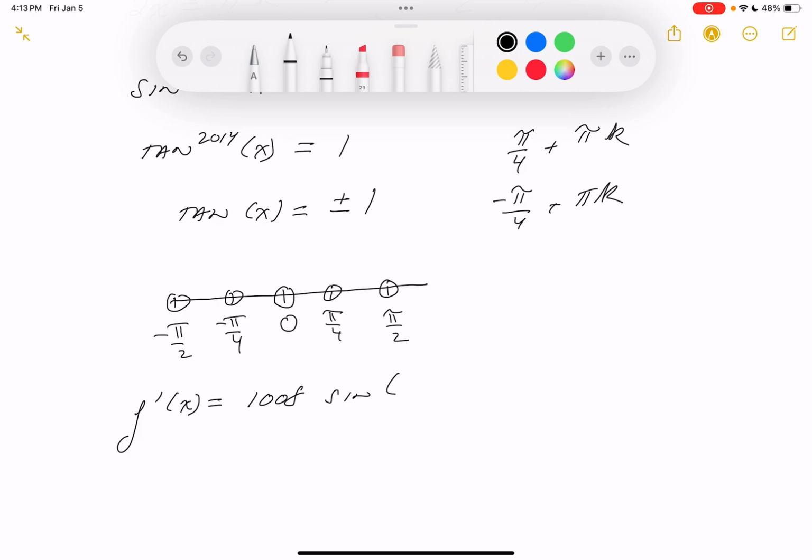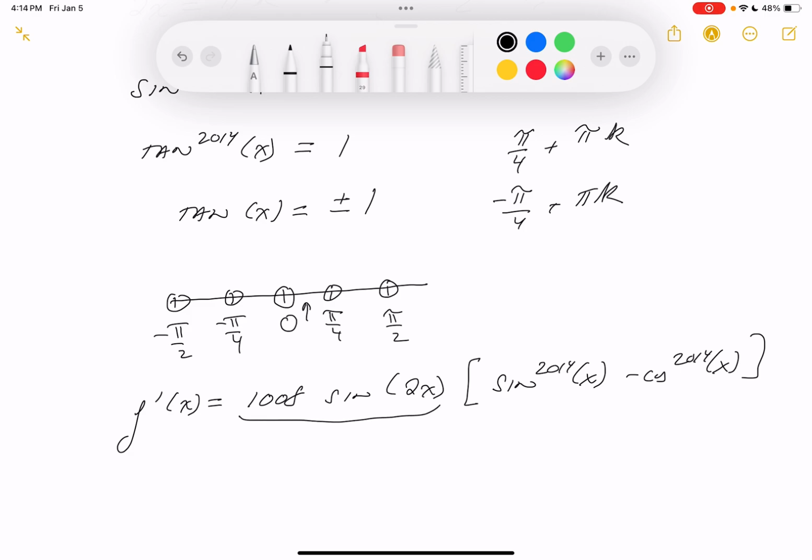So it's a 2x down. And then you're getting this sine 2014x minus cosine 2014x. And I want to take a nice little easy test value over here. And certainly I know this thing is positive.